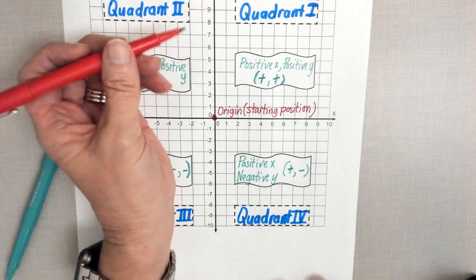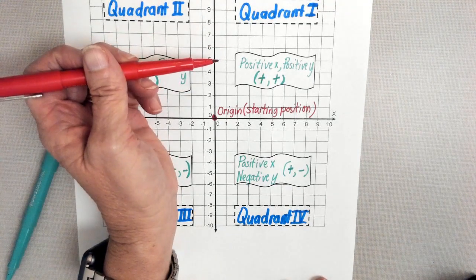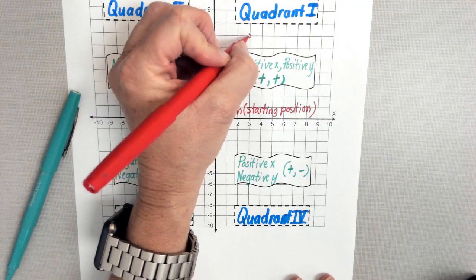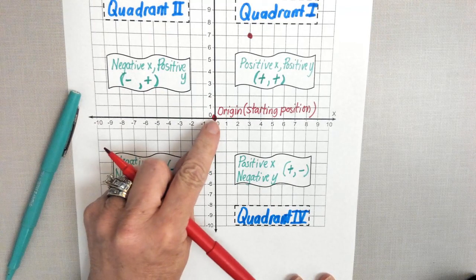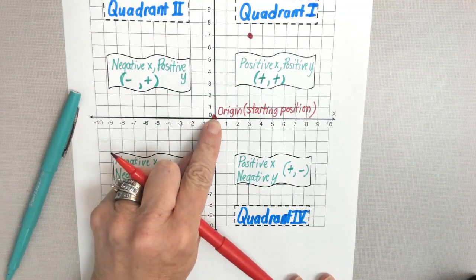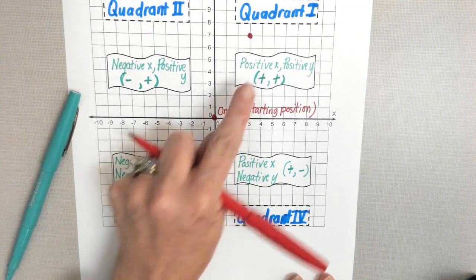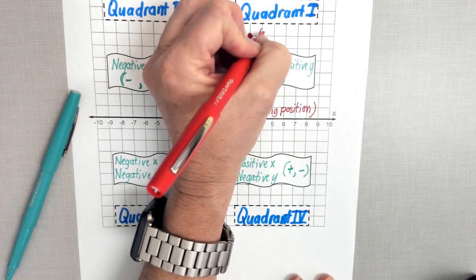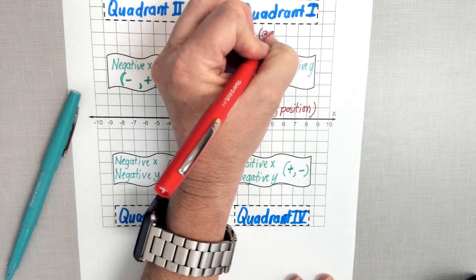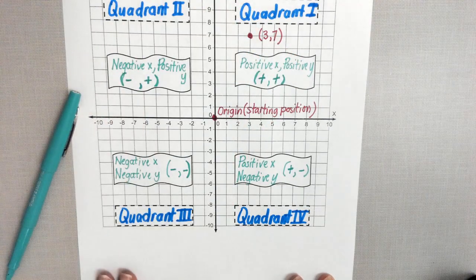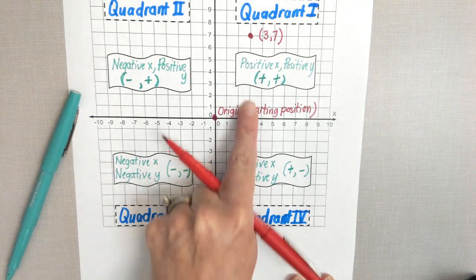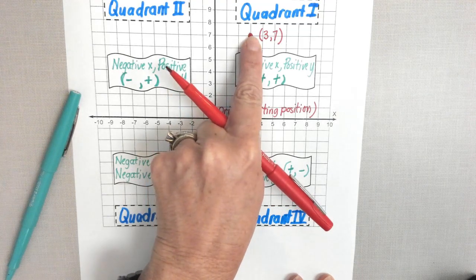So if I write an example in quadrant 1, and let's just say we put a point right here, and I start at the origin, that is 3, 7. So if I write that ordered pair, it's going to be 3, 7. Go 3 all the way up to the number 7.